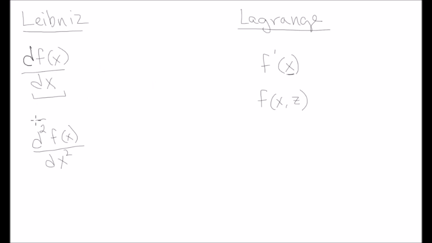Basically, you're thinking of the derivative as something of an operator that you're applying to the function f of x. And so you're seeing that this derivative is happening twice, which is what this squared is implying, versus Lagrange's notation, which is a bit more flexible: f double prime of x is the second derivative of the function with respect to x.